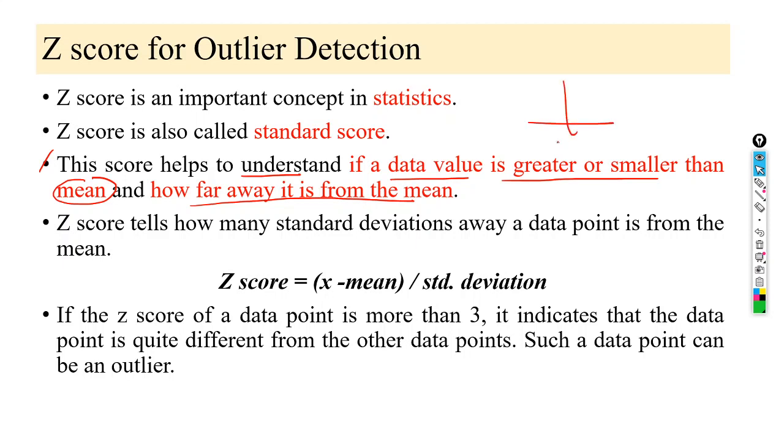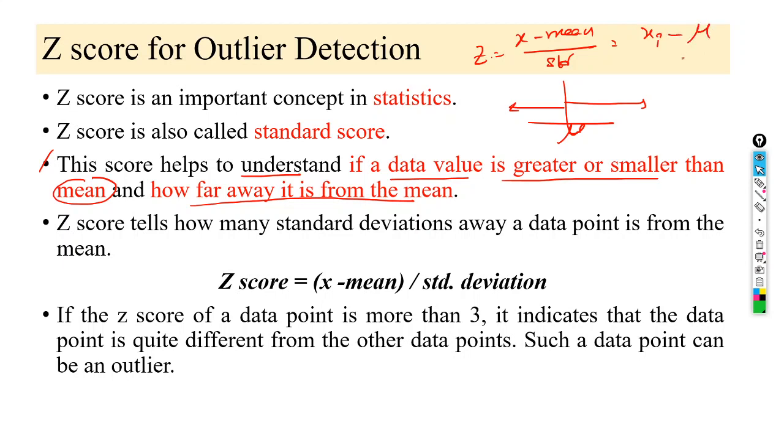From the mean, how far are the data values, plus or minus. So the z-score is defined as x minus mean divided by standard deviation.